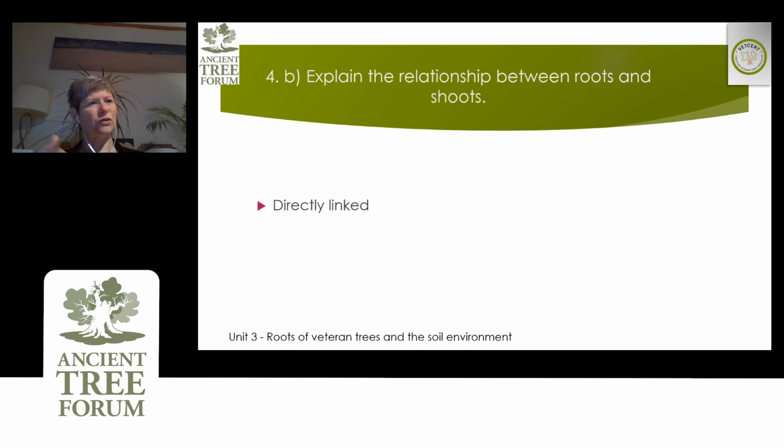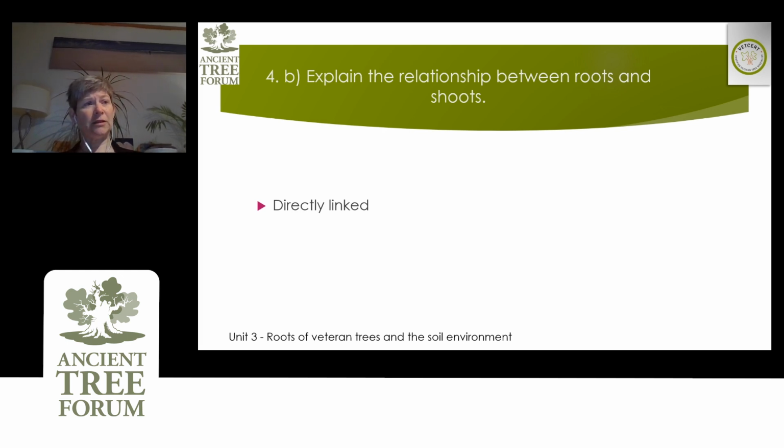Now, also, there's often a time delay, of course. If a tree is pollarded, the roots will presumably have a much, much bigger biomass than the crown at that pollarding instance. But the roots and the shoots will find some kind of balance. You will expect there to be some root dieback as a consequence of pruning, for example. And there generally appears to be some kind of balance between the root and the shoot area.